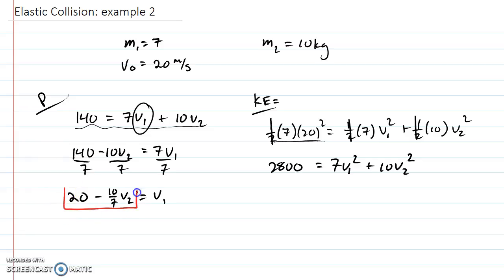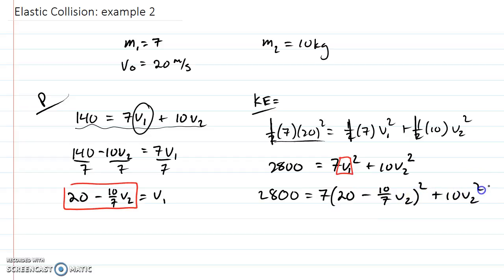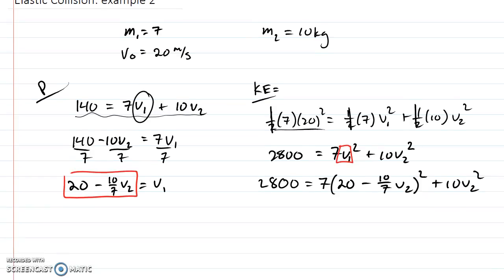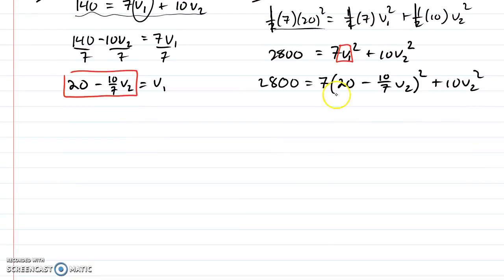So now instead of v1, I'm going to replace v1 with that ugly stuff over there. Alright, so this is going to be 7 times (20 minus 10/7 v2) squared. The next thing I normally do is FOIL this out. So I'm going to get 2800 equals 7 times the FOILed out thing.